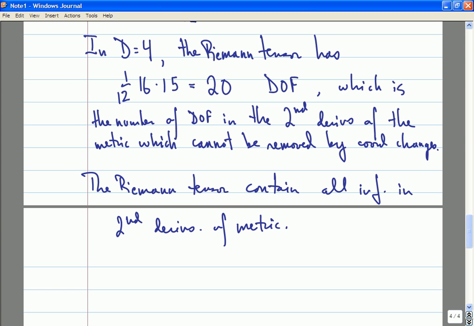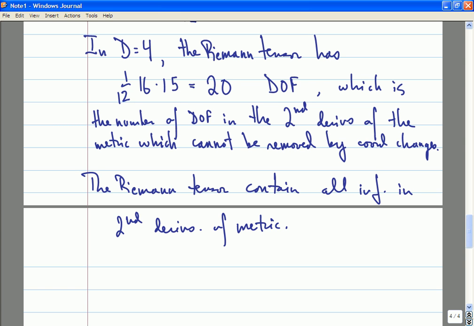Why is it good news? In physics, all of our equations of motion are second order. If the metric is your dynamical variable of general relativity, then your equations of motion, first of all, must be tensor equations because they should be independent of your coordinate system. And second of all, they should involve second derivatives of the metric.